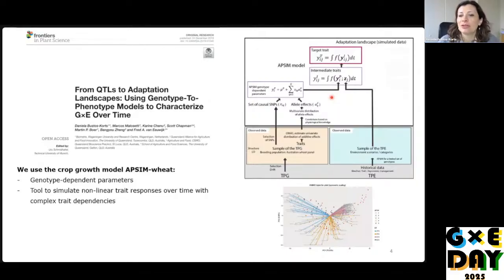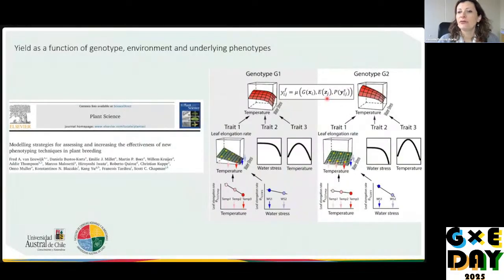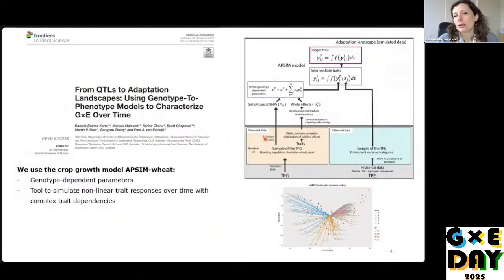This is a little bit what we tried to do some time ago, actually when I was still doing my PhD. We said, well, we have this thing that is very complex. We have a lot of G by E that depends on many traits, and those traits change with the environment. What to do? Let's simulate something. We took a sample of the target population of genotypes, a sample of environments, and we have QTLs.